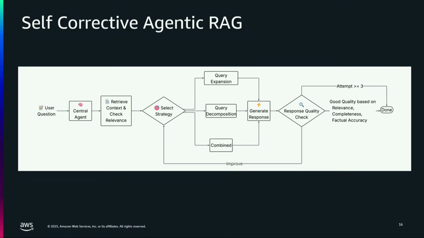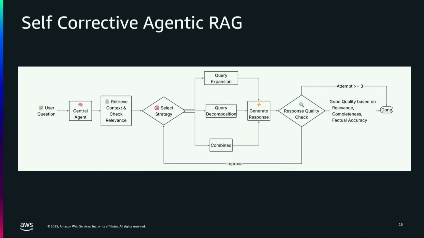So with self-corrective agentic RAG, you have a user question, which is supplied to a central agent. Now this central agent will first retrieve the context out of the data source. This context will then be analyzed. It will be checked whether this context is relevant to the user question.